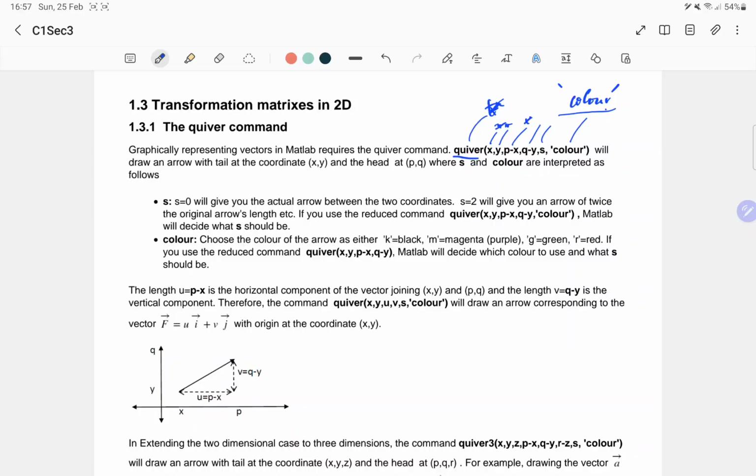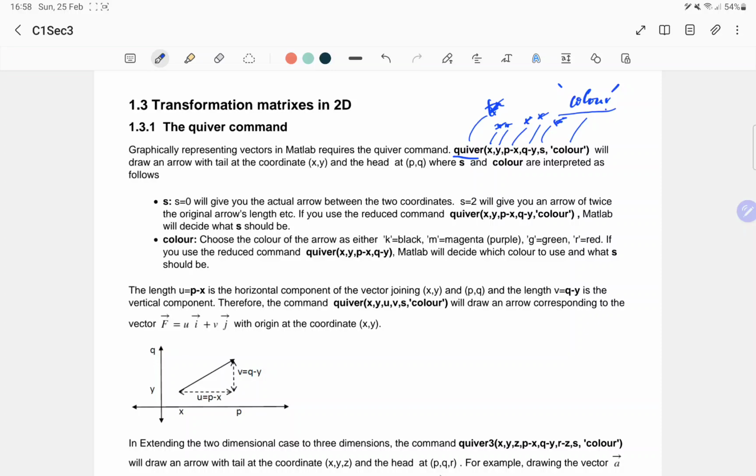What about p minus x, q minus y? These are again matrices of vectors, specifying the components of the vectors at each point. These can be expressions that modify the original x and y values, allowing for transformations or adjustments.